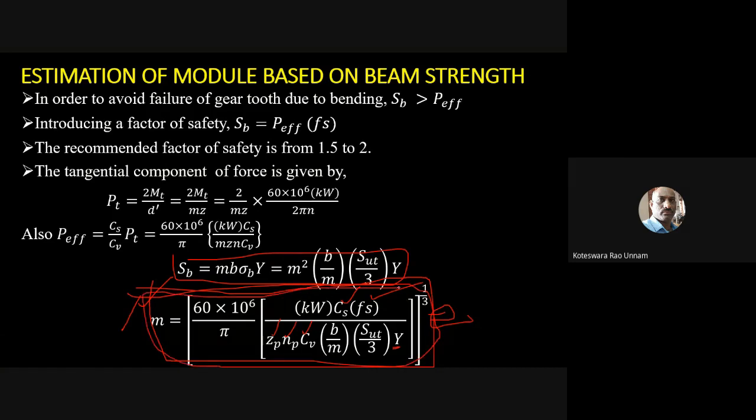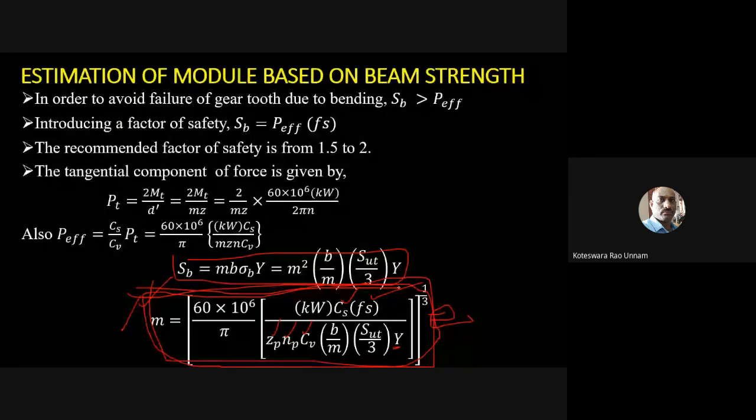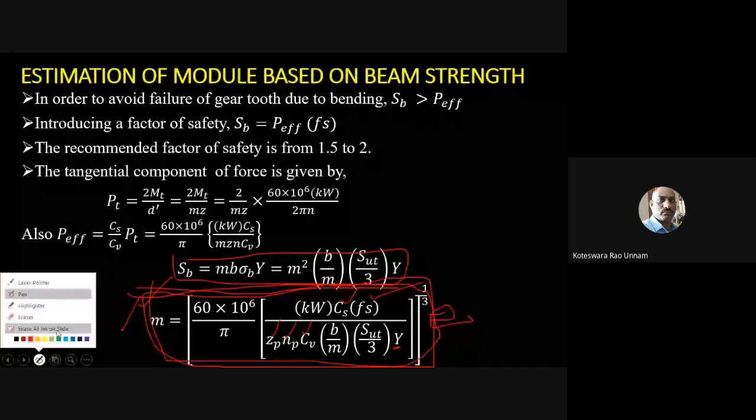The next kind of failure is due to surface destruction, that is due to wear. So the next topic for us is how I can estimate the module of the gear based on wear strength, not on beam strength. We'll call it the estimation of the module based on wear strength.